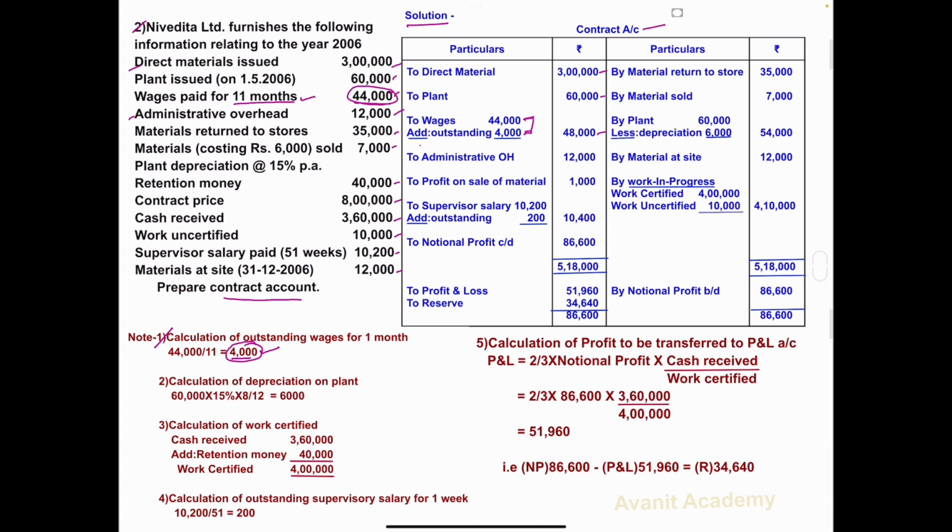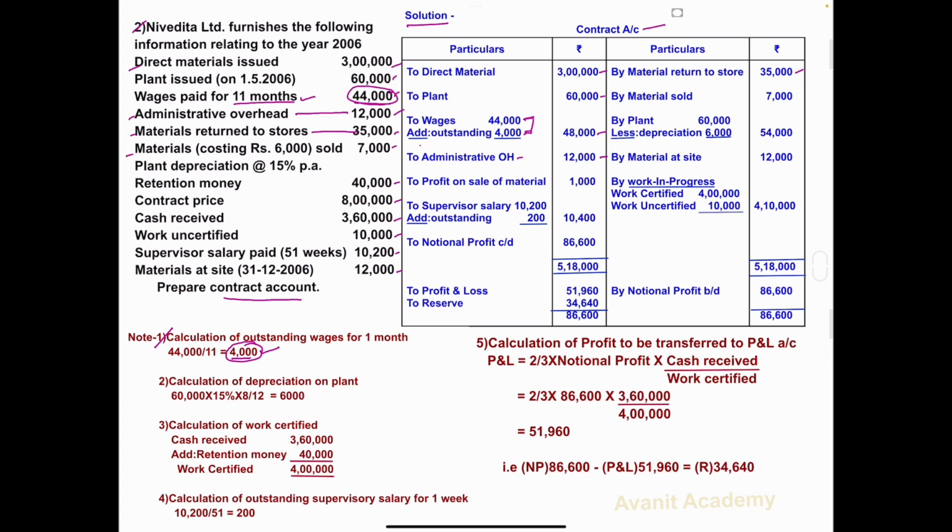It is to be debited to administrative overhead. Amount is 12,000. Next, material return to store. It is to be credited, on the credit side, by material return to store. Amount is 35,000.